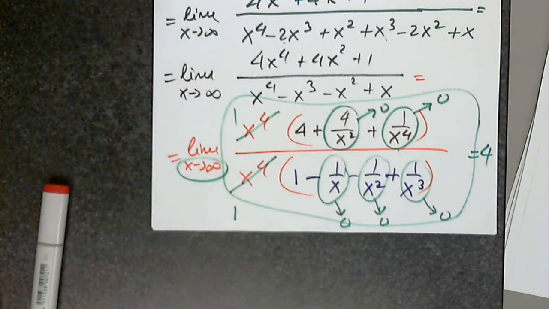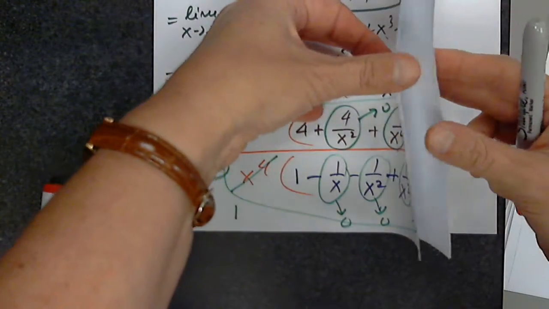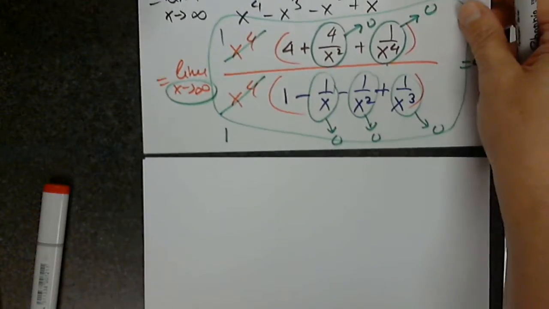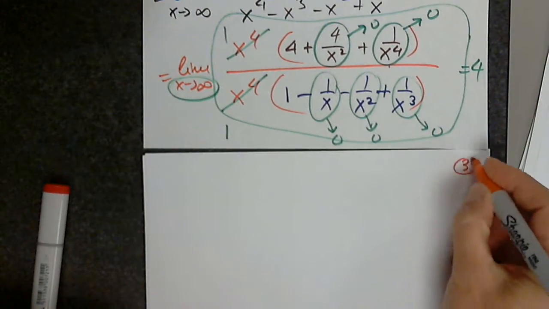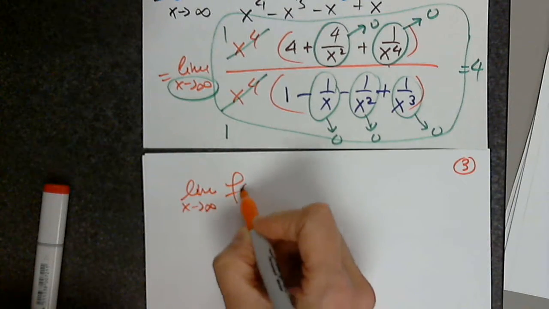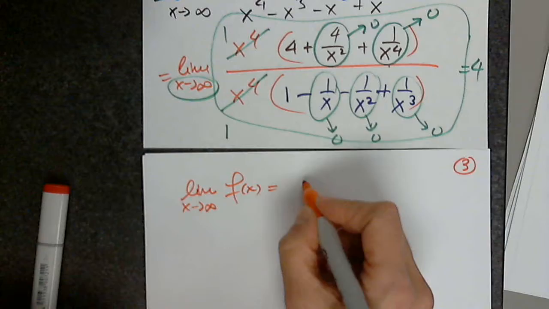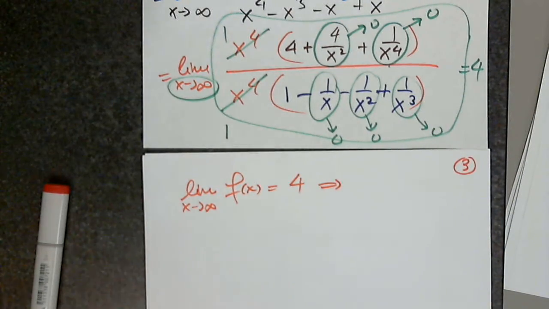As we expected. That's what we learned in pre-calculus. So if a limit of a function when x approaches infinity is 4, what did we learn last time that this means? So we know now that the limit as x approaches infinity of this function is 4. This implies what?